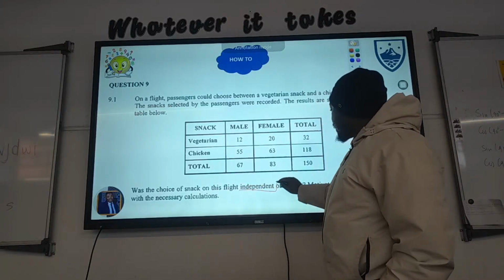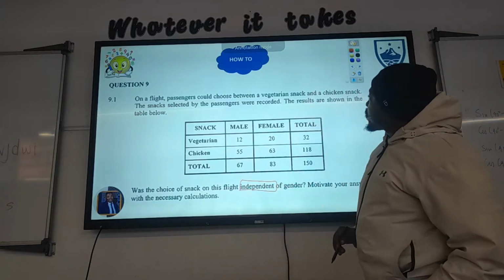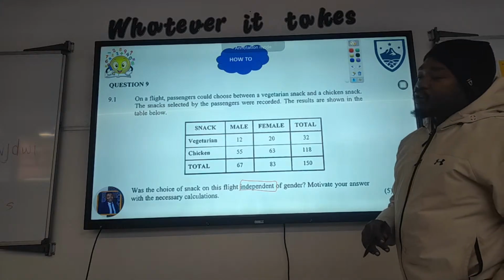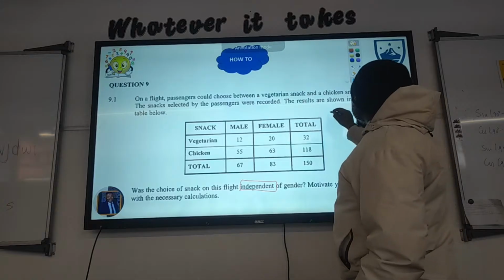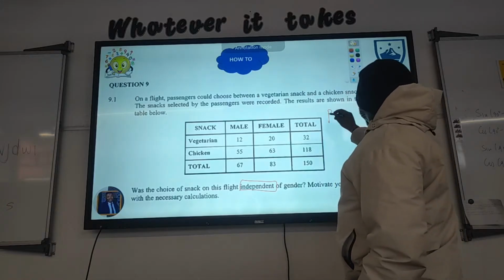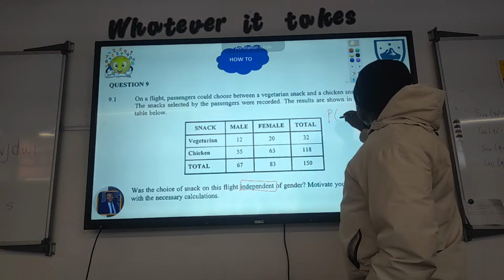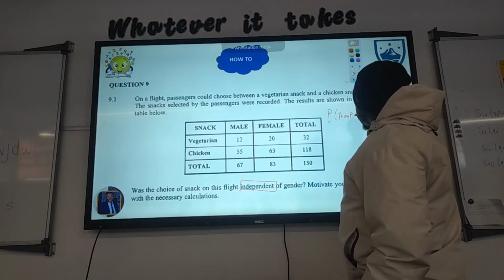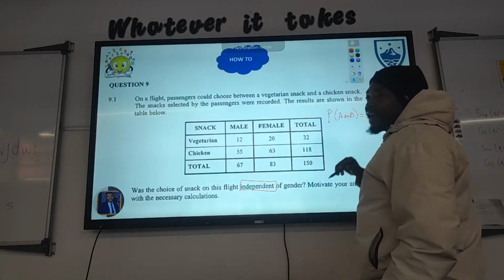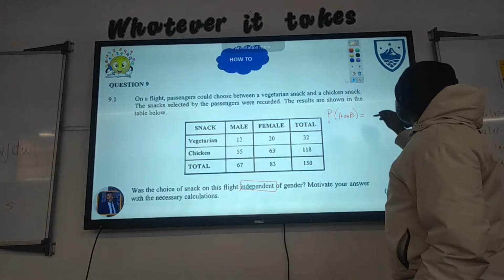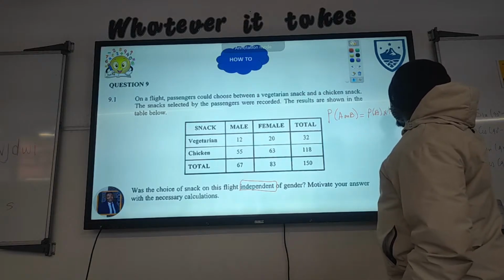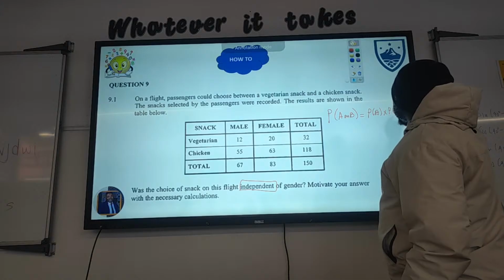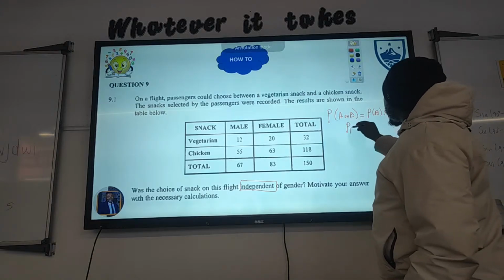That's the word, independent. Once you see the word independent in probability, you need to know that it means the probability of A and B happening at the same time is equal to the probability of A multiplied by the probability of B. We call this the product.